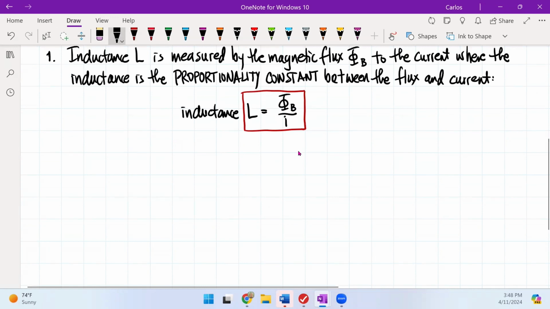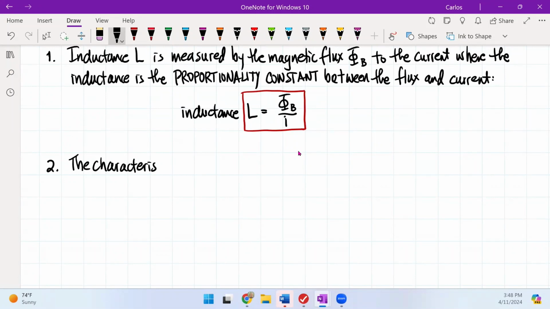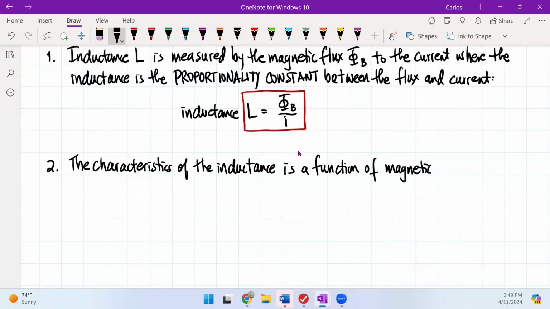Now, the second way to look at inductance here is the characteristics of the inductor, or the inductance is a function of magnetic material and geometry.